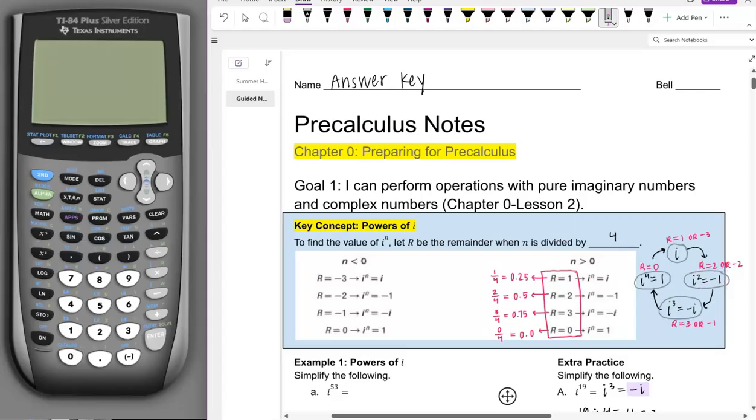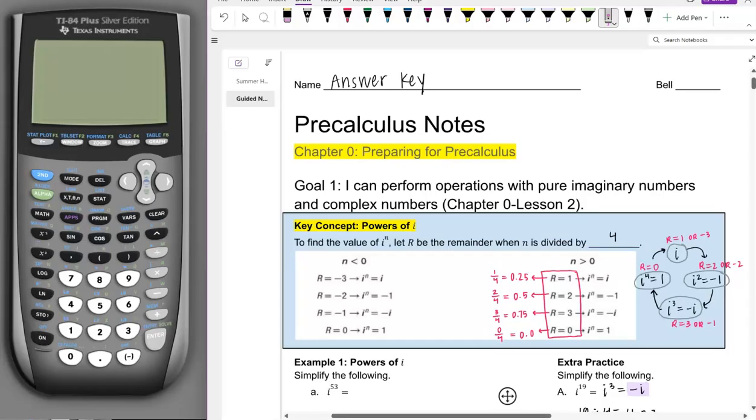And then what we found out was that i to the fifth is actually the same as i to the first. Similarly, i to the sixth is the same as i squared. i to the seventh was the same as i cubed, and so on and so forth. So since that kept repeating with 4 steps along this circle, that's why we divide the power by 4.